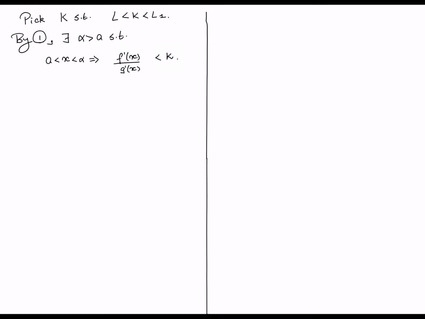Alright. Now we apply the generalized mean value theorem. Right, so in the interval from a to alpha, if I pick any two numbers x and y for a less than x less than y less than alpha, then the following must hold by the generalized mean value theorem.